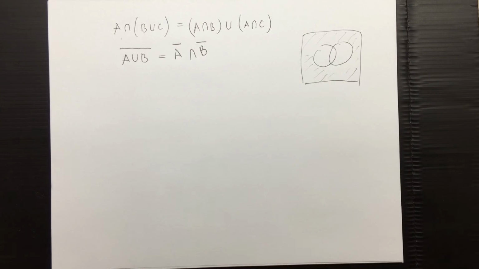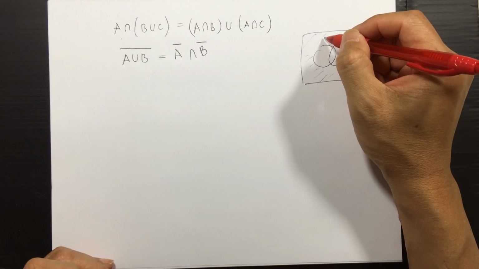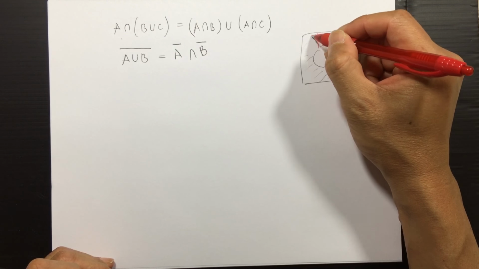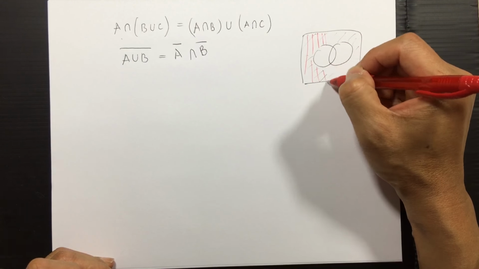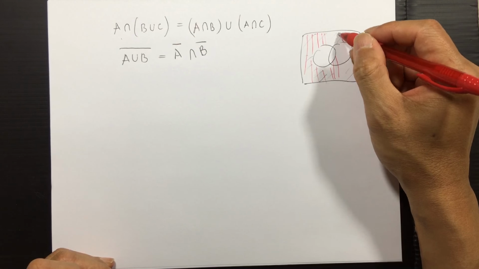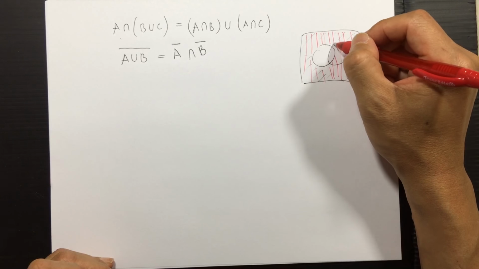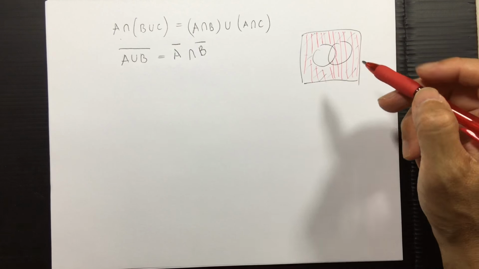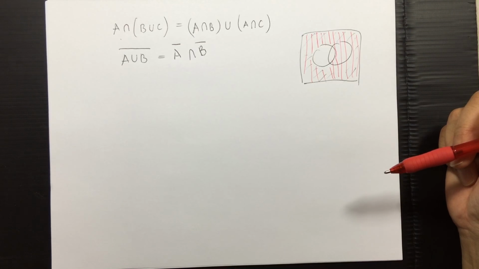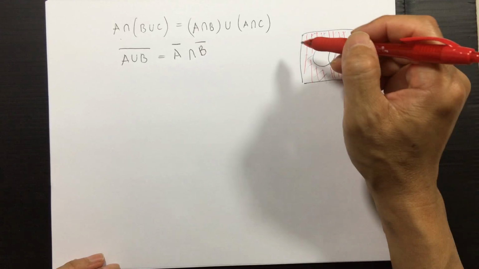Not A, right? Let's say this is A. Not A is this part. This is A, this is not A. Okay, not B is this part.